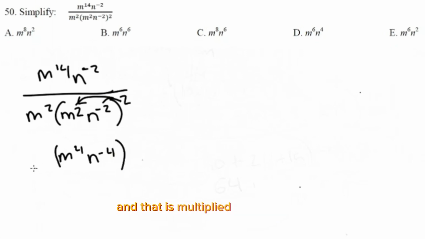And that is multiplied by m squared. Now when you're multiplying the terms, you're not multiplying the exponents, so this one would not become 8 and -8. You're adding the exponents. So now this becomes m power 6, and you can't do the same thing with the n because they're different terms. So you have m power 6 and n power -4 on the bottom.